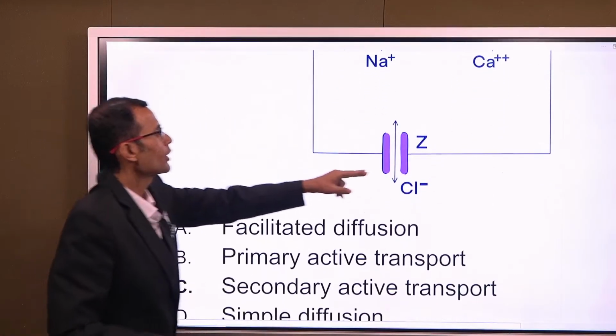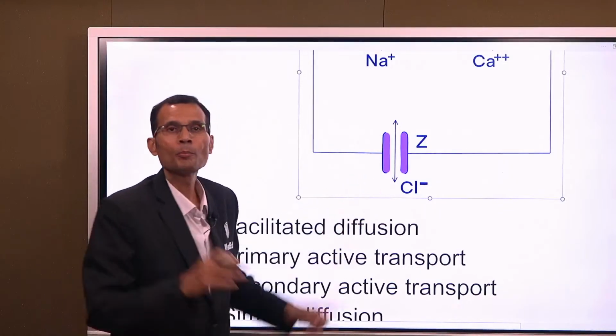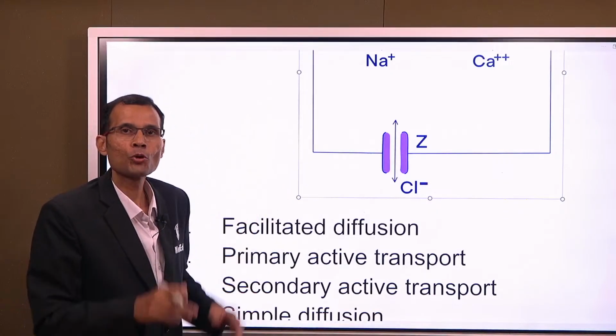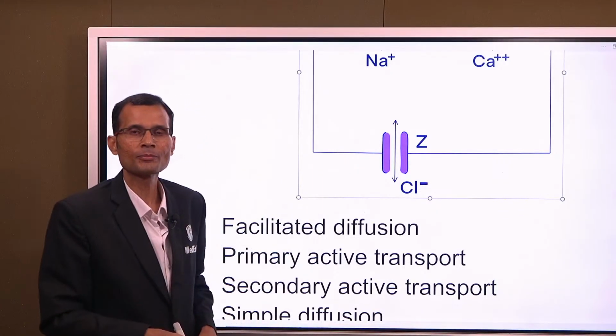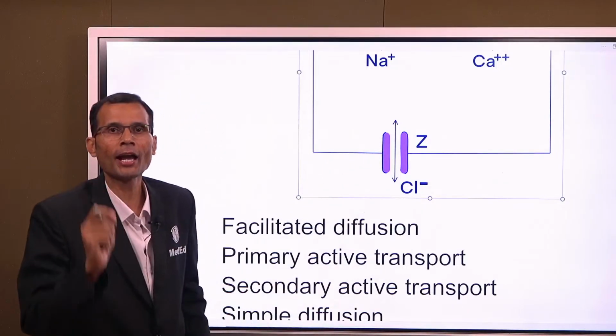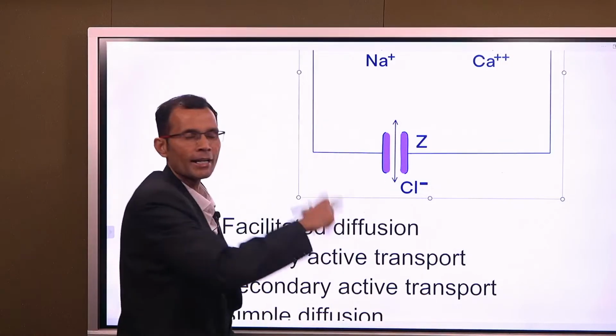And this one, chloride. Now only chloride is shown and bidirectional transport of chloride has been shown here. So what transporter is this, you think? This is a simple diffusion. This is a chloride channel, because you can see here it shows chloride in a bidirectional manner.